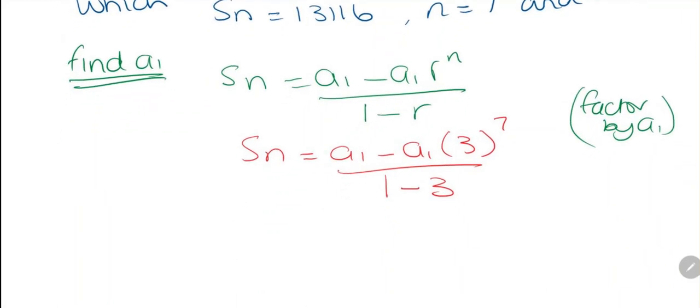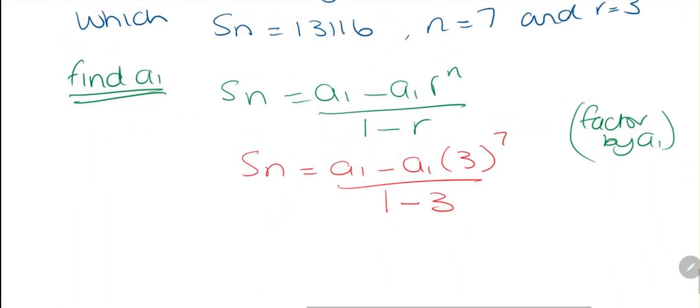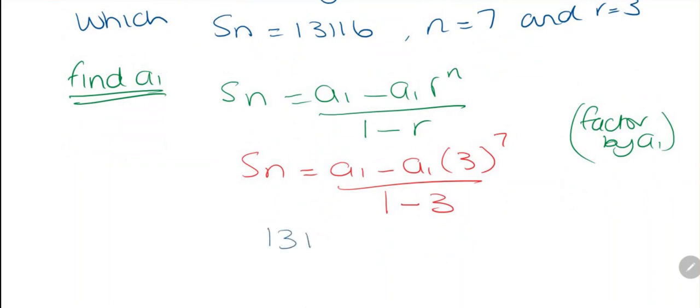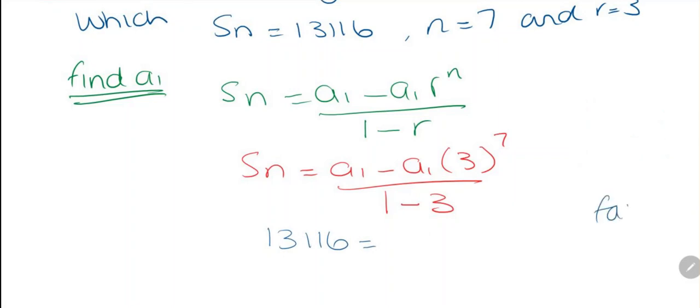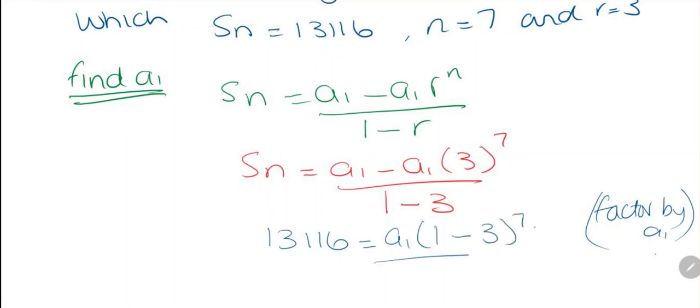So the sum of the numbers we can replace with 13116. And we're going to factor by a1. So a1, and that's going to be 1 minus 3 to the power 7 divided by minus 2.